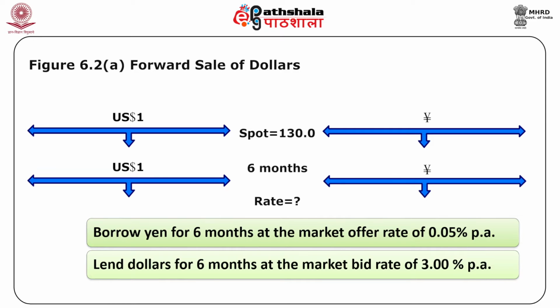The cash flows could be matched by two money market transactions. That is, one, borrow yen for 6 months at the market offer rate of 0.05% per annum, and two, lend dollars for 6 months at market bid rate of 3.00% per annum.